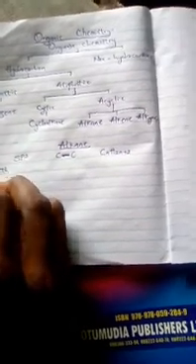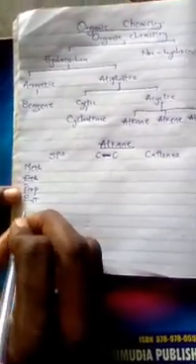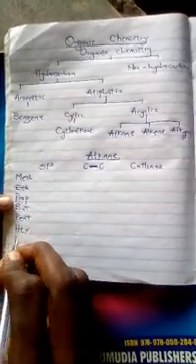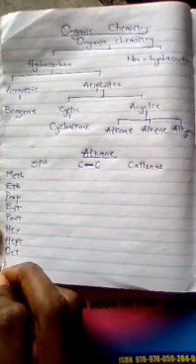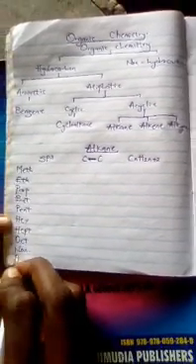We have meth, eth, prop, but, pent, hex, hept, oct, non, and dec. So if it is in the alkane family, you can only take the ane.